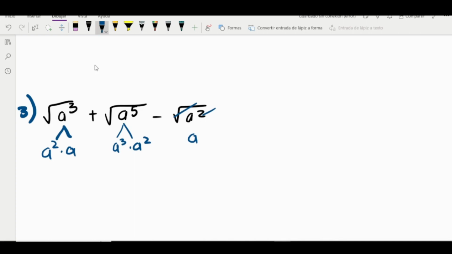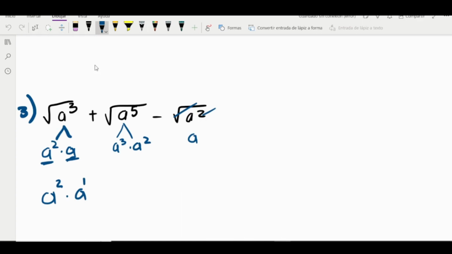If someone is asking how it is possible to split this, I just need to explain it, and if someone else knows this, you can advance the video. Here we have a to the cube, so we need to use the properties of the exponents. The property applies when you have the same base, like the a, and a multiplication, for example a squared times a. I didn't write the exponent here, but it's a 1.